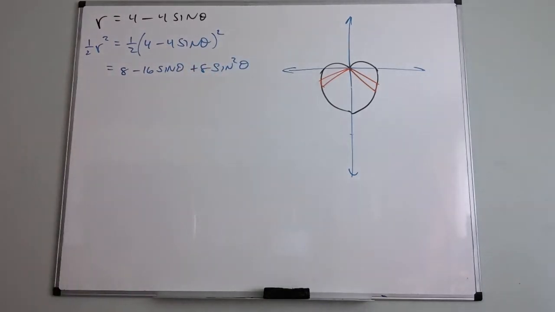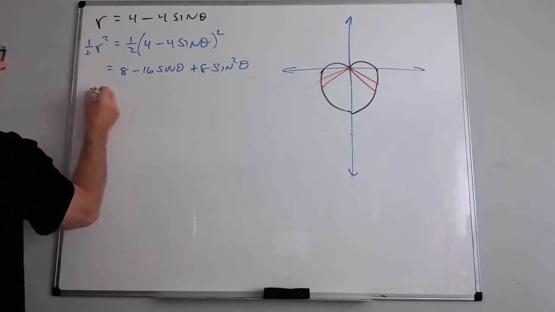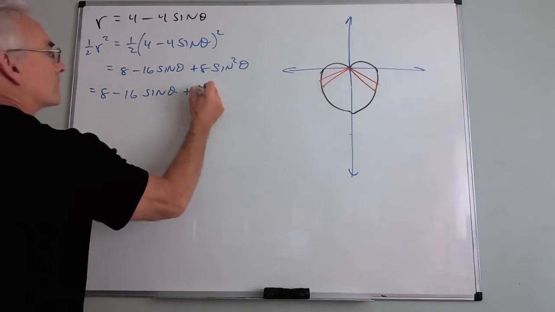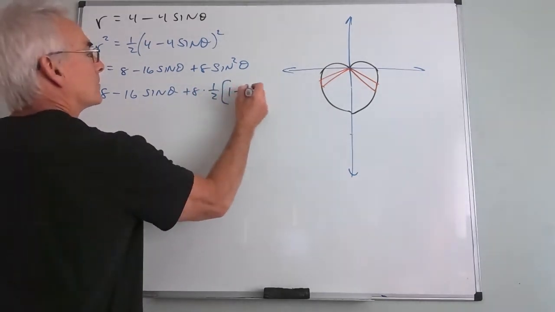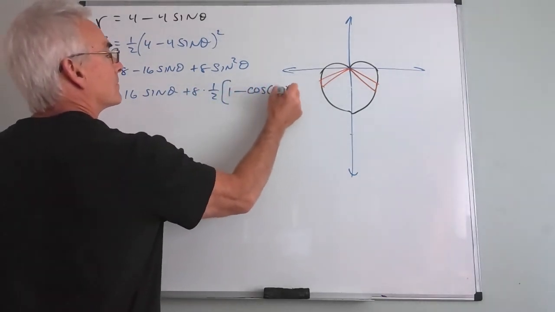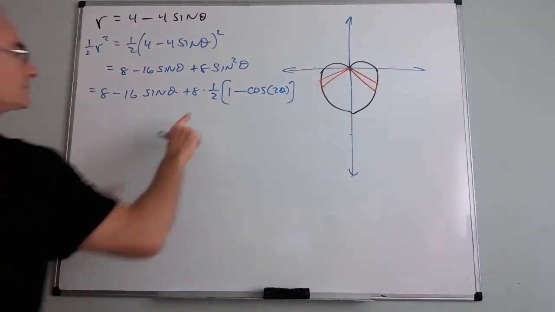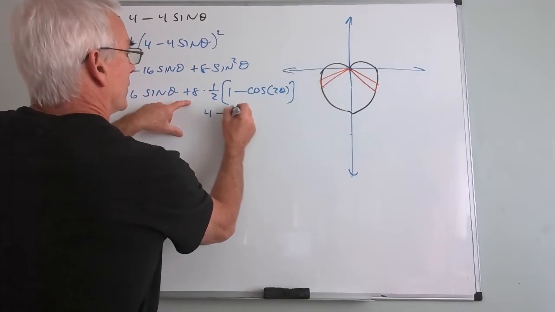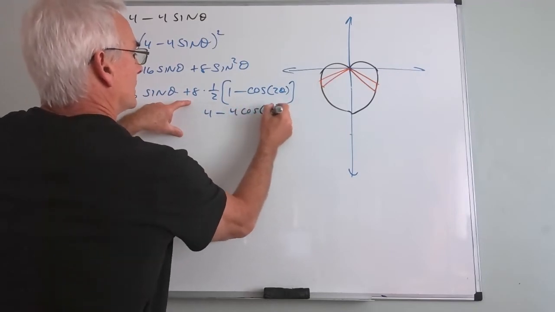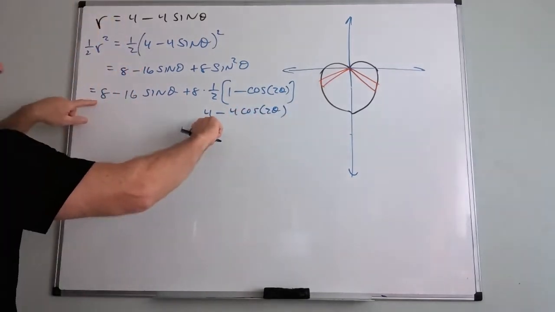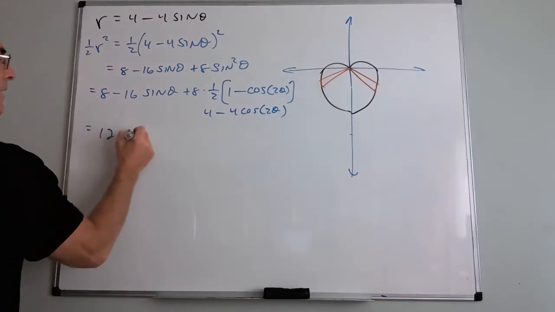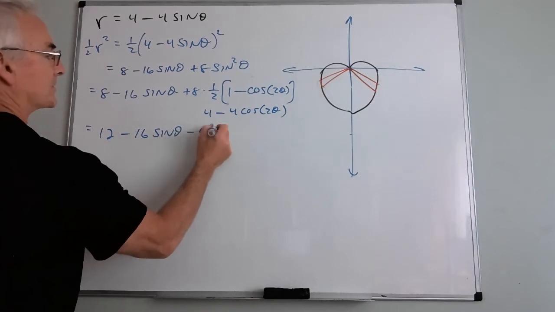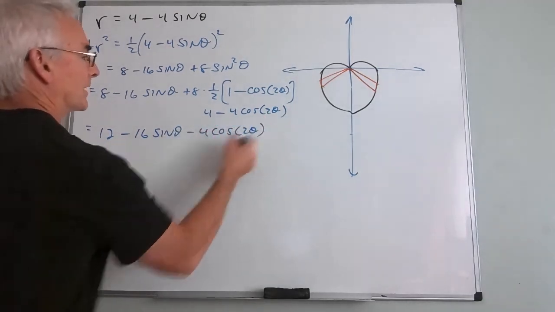So now I need to replace the sine squared. Right here, that's going to be 4 minus 4 cos 2 theta. So now putting everything together, this will be 12 minus 16 sine theta minus 4 times the cosine of 2 theta.